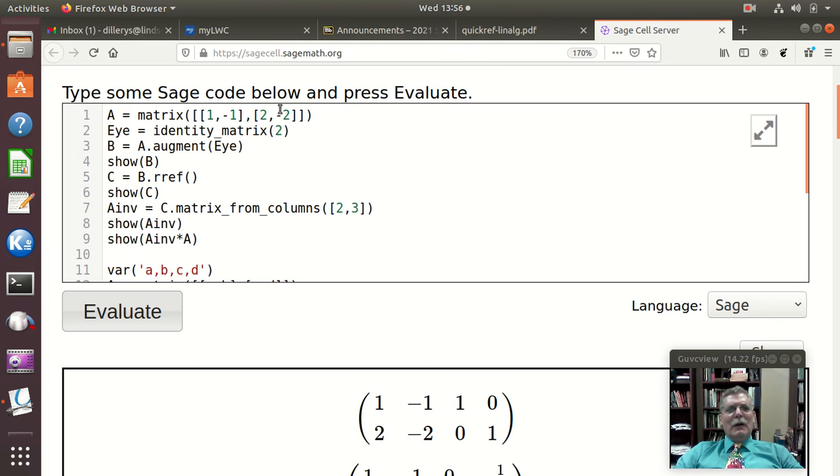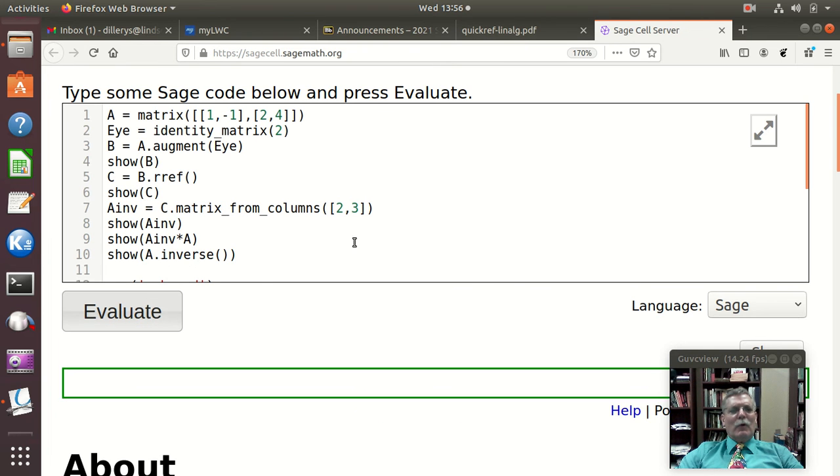Now let's see, that was a 4. Let's also show A inverse. Let's do a show A dot inverse. I think that should work. Seems like it should. If it doesn't, we'll get an error. I could go back to the quick reference to check, but I'm guessing that will work.